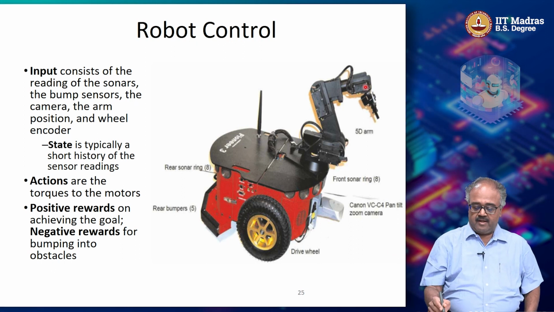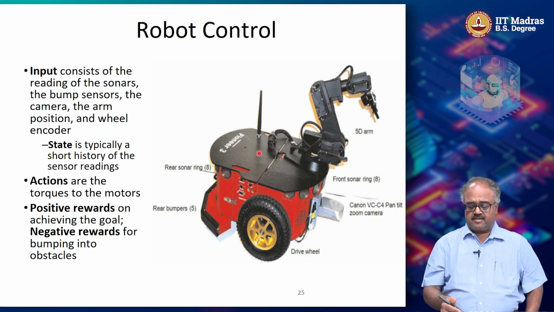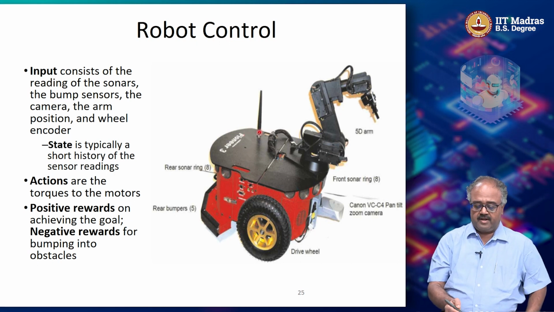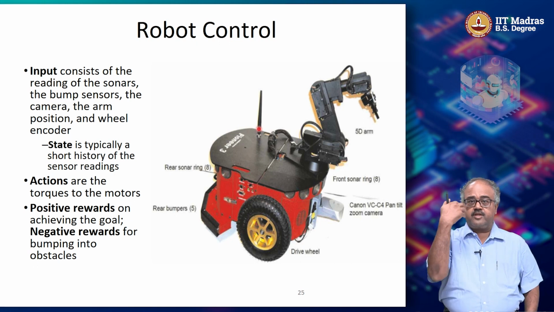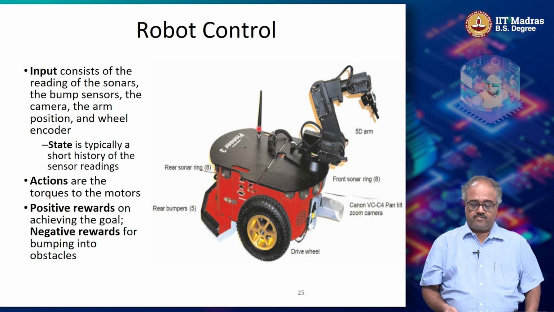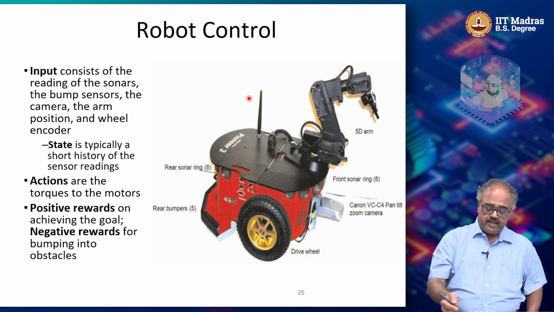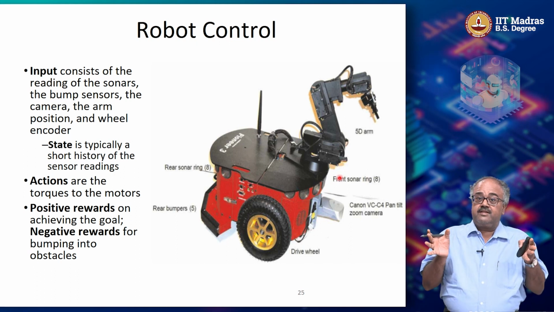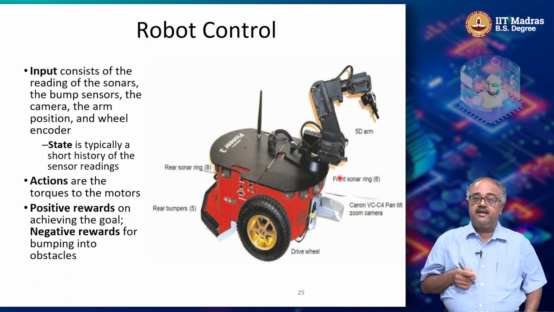And then there could potentially be more sensors. There could be a GPS on board, and that's a Wi-Fi antenna, so you could be looking at Wi-Fi signals coming from various access points and so forth. All of these put together are your set of sensors.